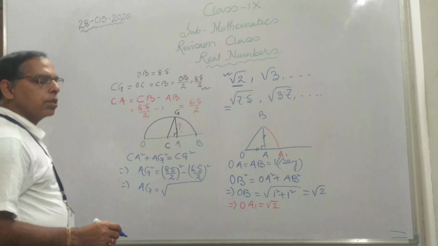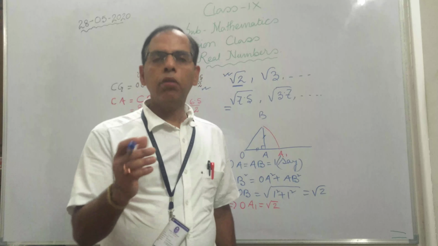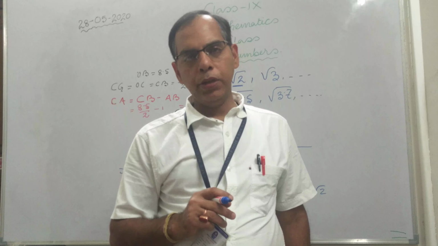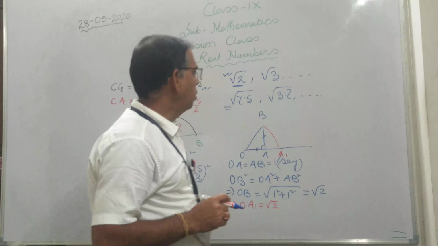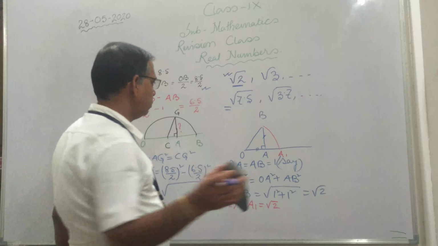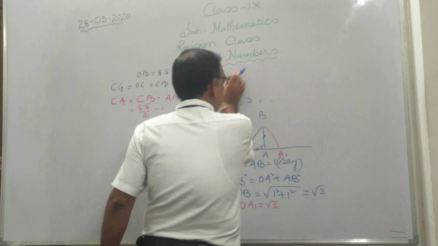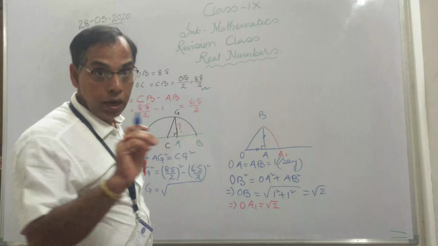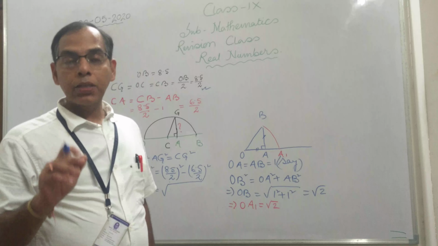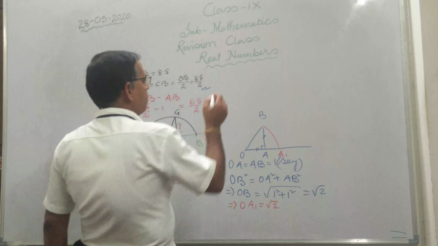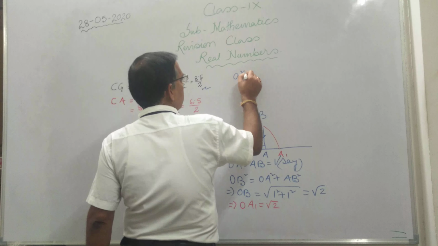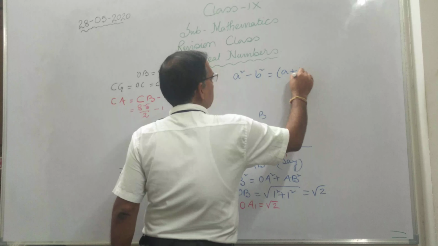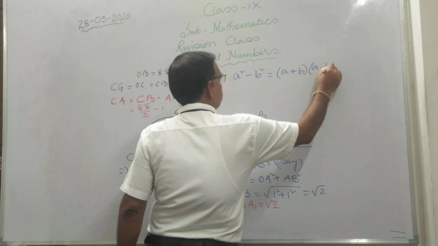Now here, instead of taking out the squares, we'll use the a square minus b square formula, then it will be easier. Because if you do the squares, it will take time. What is that formula? a square minus b square equal to (a plus b)(a minus b).